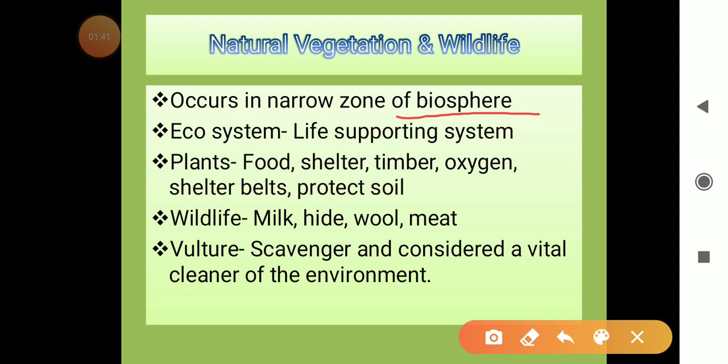And natural vegetation and wildlife are interrelated and interdependent on each other for survival and exist in the biosphere. And this life supporting system is known as the ecosystem.